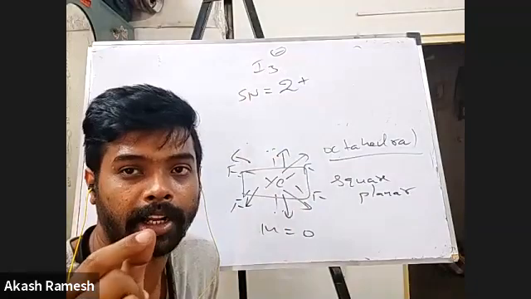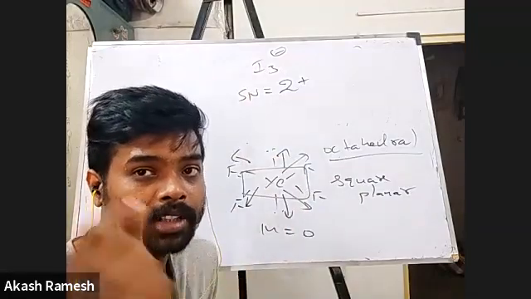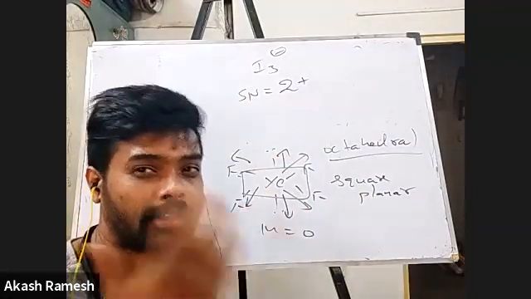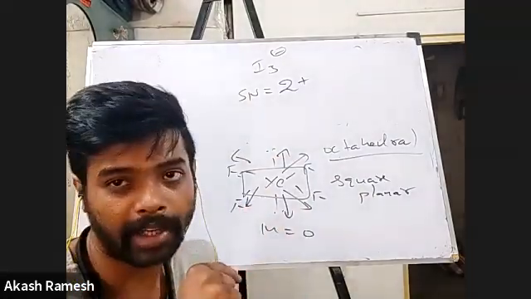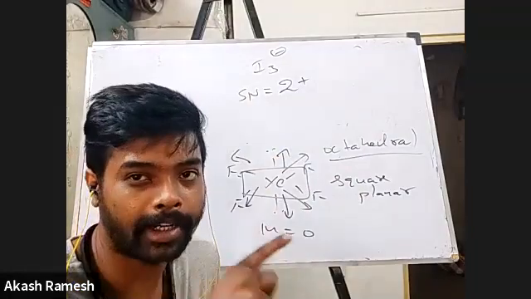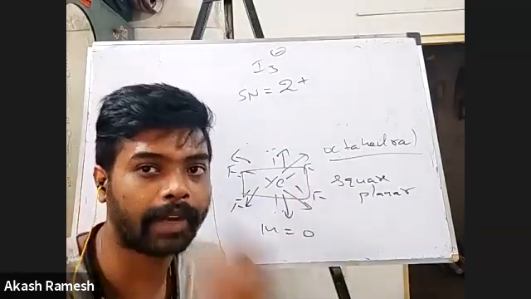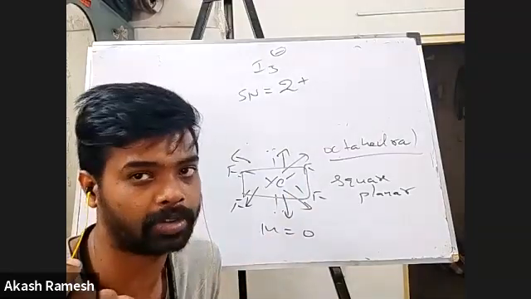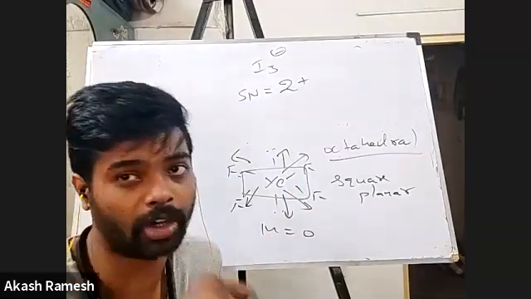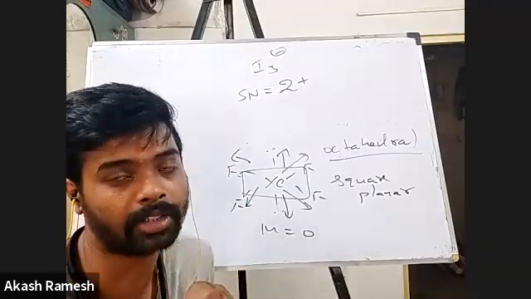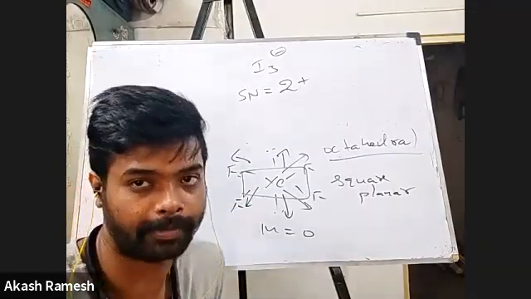Now the central iodine atom has, instead of 7 valence electrons, 8 valence electrons. If I have 8 valence electrons, there are 2 more iodine atoms, so the central iodine atom will have one bond on this side and another on this side with the 2 side iodine atoms. Out of the 8 electrons, 2 are involved in bonding.